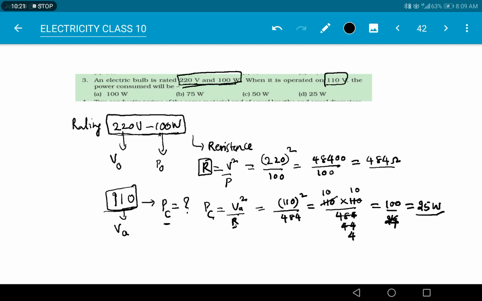So important model, with the help of this given rating, first we should calculate resistance. Then what is the operating voltage? They mention it in the question. With that operating voltage, we should calculate the power consumed.